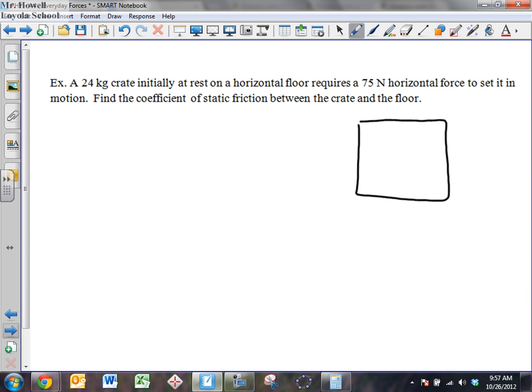Take about 30 seconds. Try on your own to label the forces that are acting on this object. And don't forget about the vertical forces. So again, label all the forces that are acting on the object.